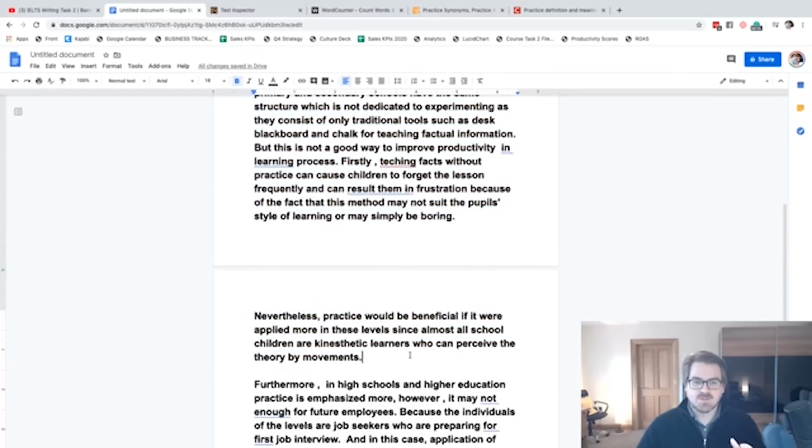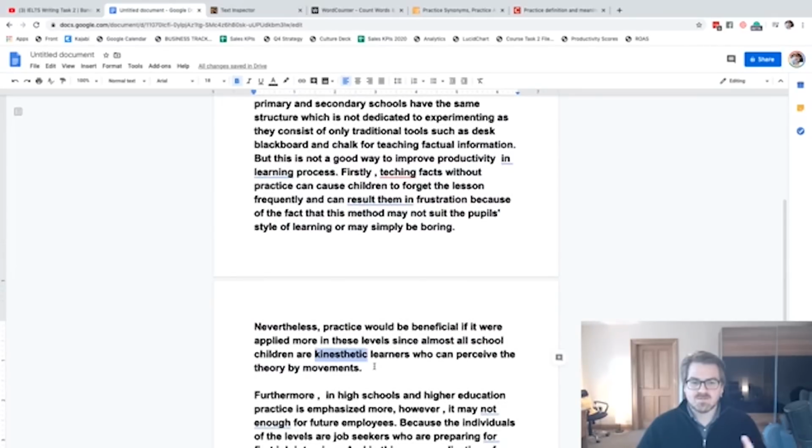And again, you will see this a lot where people will put in words like kinesthetic and think that's a band 9 word because some teacher has given them a list of band 9 vocabulary. Stick that in their essay, but it doesn't really do anything to help them answer the question.